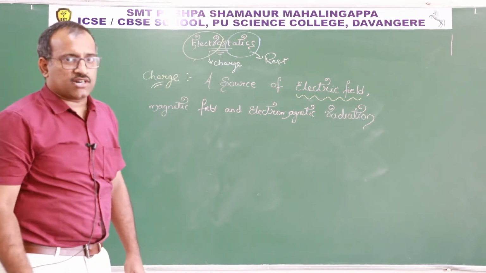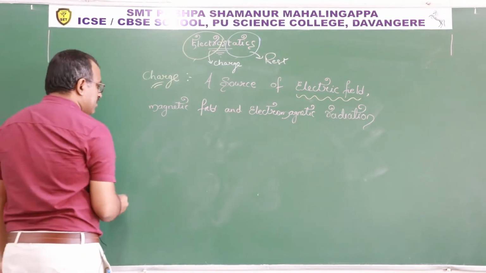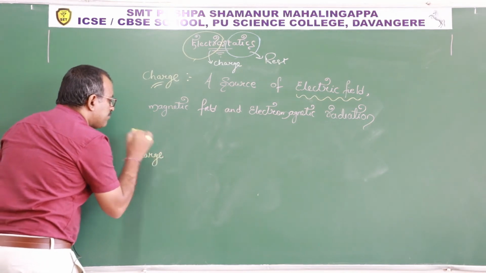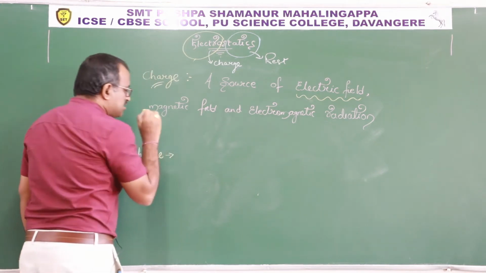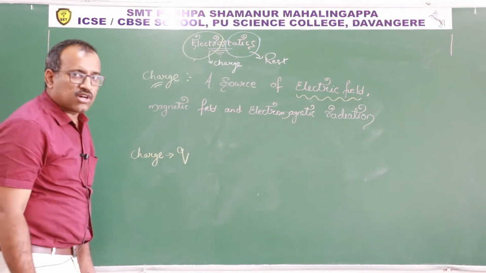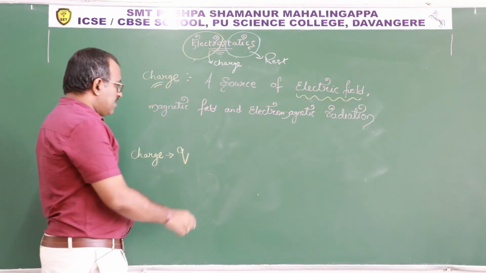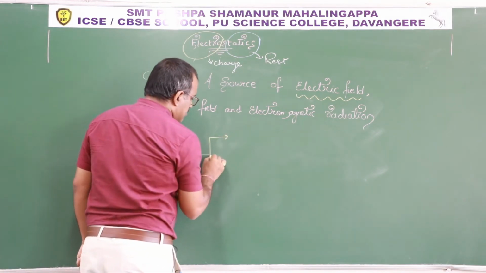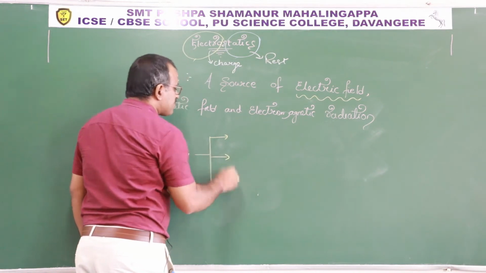Because look at here, charge, small charge can be represented by the symbol small q. Clear? And this is absolutely the mother of all.